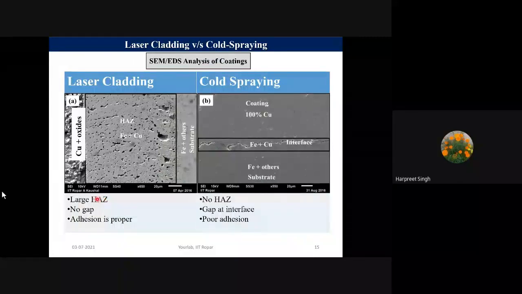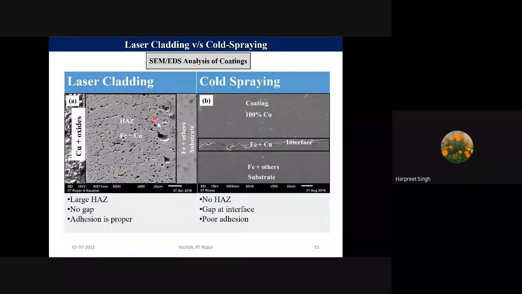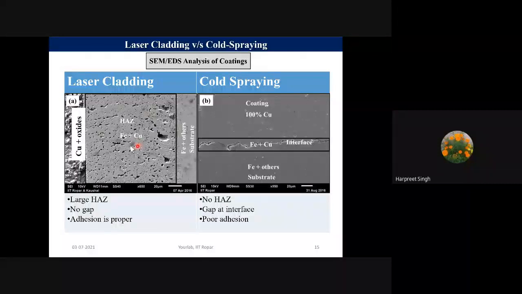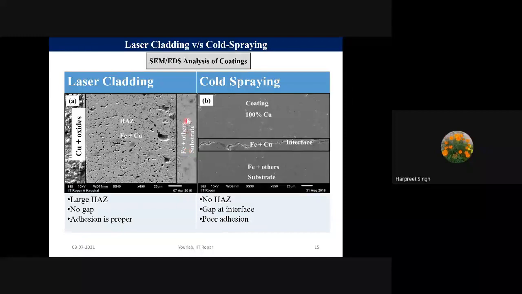Now, this is the result of our prelim experiments. This is cold spray, and this is our laser cladding, right? In laser cladding, these are cross-sectional images by SEM. Again, SEM helps us to take surface pictures as well as cross sections. Very nicely you can identify different regions here.